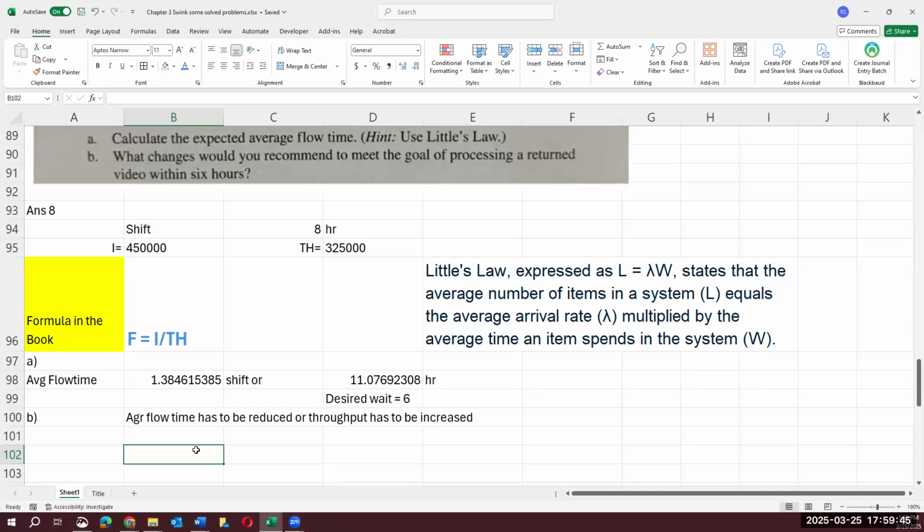So the throughput rate TH is going to be equal to I times F, and they want the time spent in the system to be 6 hours. The arrival rate is something you cannot do anything about, so you will have to just recalculate this number.